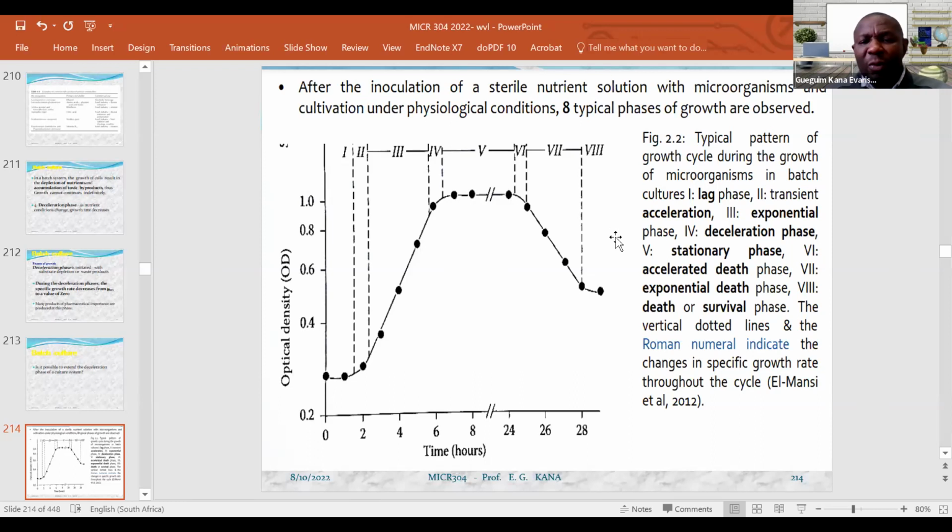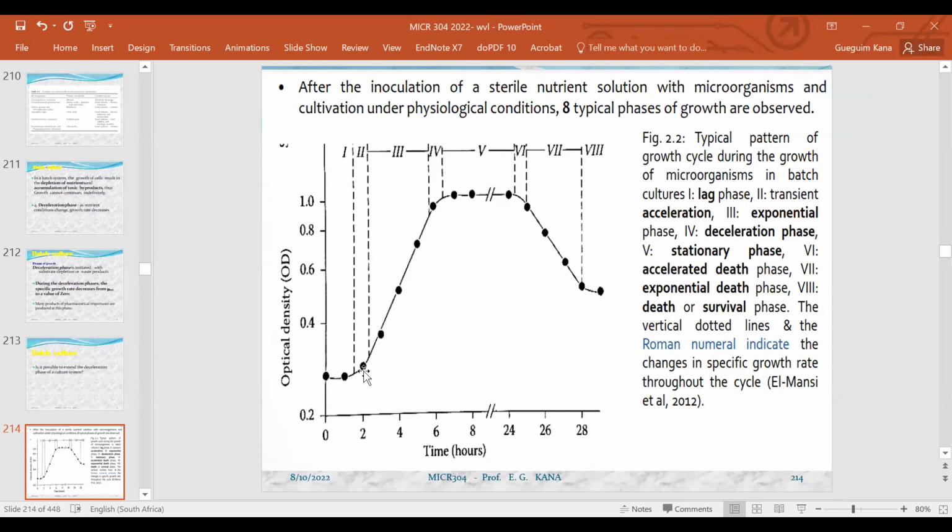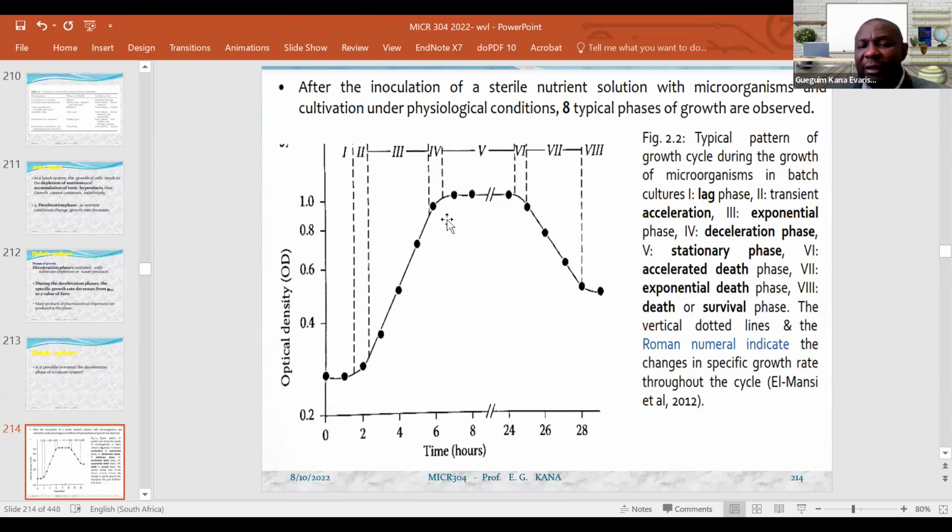That system goes through a number of phases: the lag phase, the acceleration phase, the exponential phase, the deceleration phase, the stationary phase, then the dead phase.